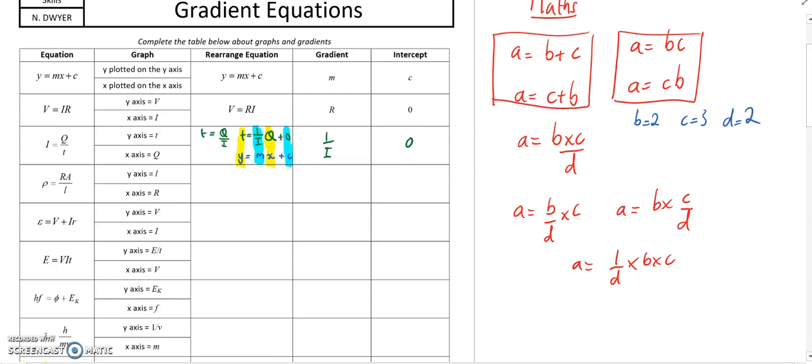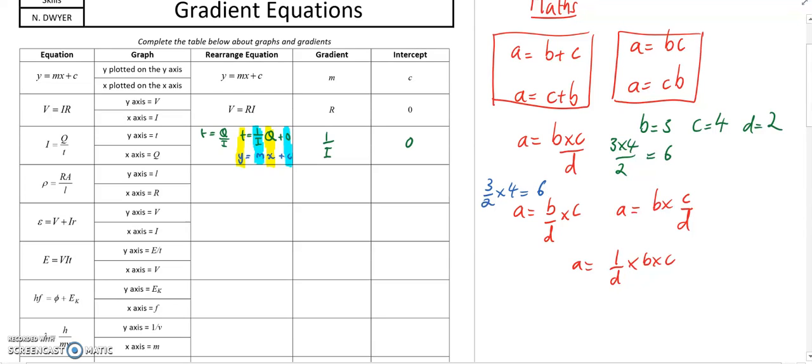To show that this works, let's take some example numbers. Let's say B is 3 and C is 4 and D is 2. So 3 times 4 over 2 is 6. Let's do it in this one. B divided by D is 3 over 2 times 4, which is also 6.